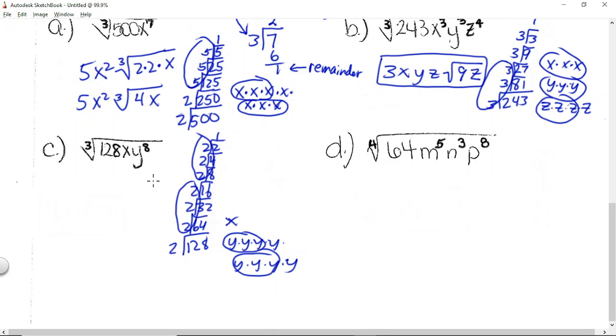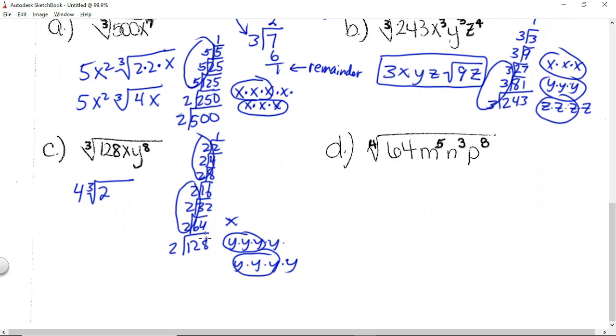Let's go ahead and multiply those together. Okay, there's 2 groups of 2's. We bring out 2 2's, and that's 2 times 2, which is 4. And then what goes inside the radical? Everything that's left over, which for numbers, that's just 2. That's all that's left over right there.